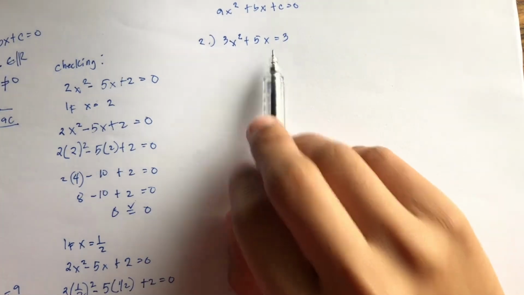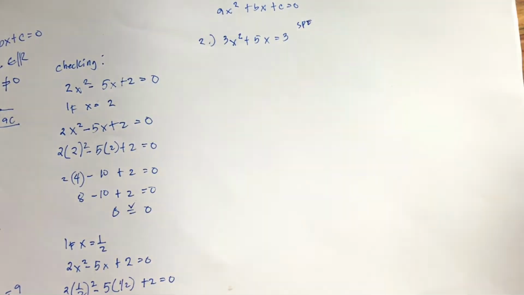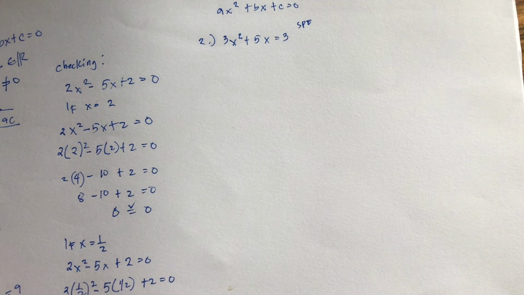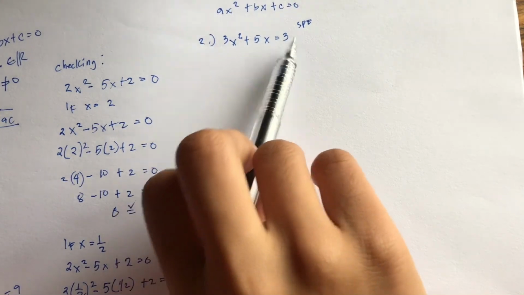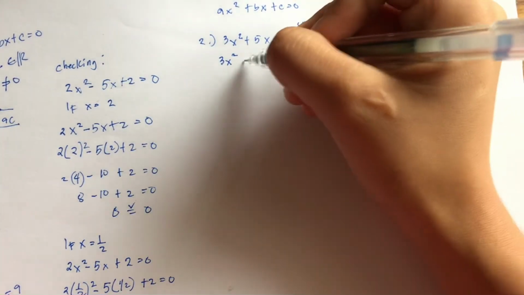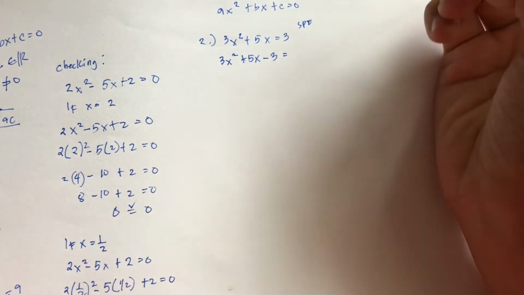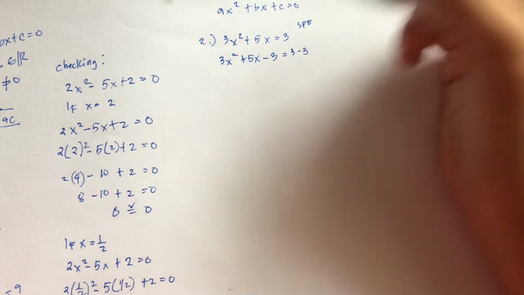So in here, we can use the subtraction property of equality. That means we are going to subtract 3 from both the left and the right side. So this becomes 3x squared plus 5x minus 3 equals 3 minus 3.